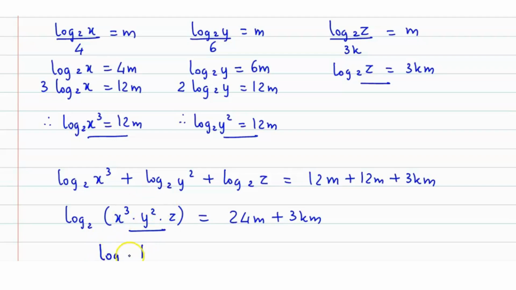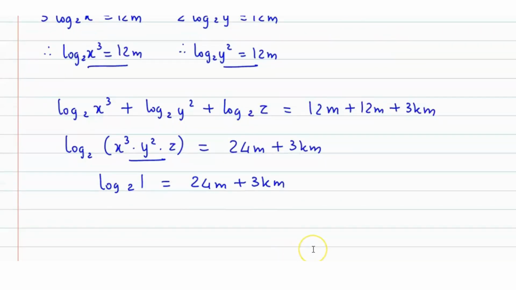So log of 1 to the base 2 is 24m plus 3km. Now we know that log 1 is equal to 0. So this part becomes 0. So we have 3km plus 24m is equal to 0.